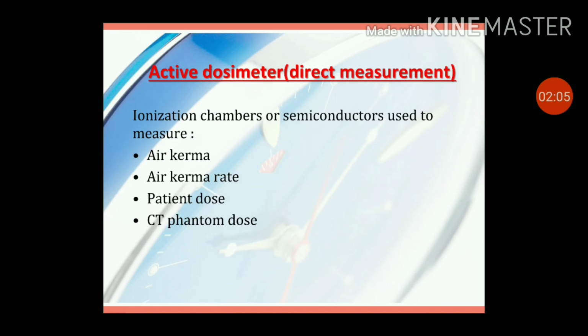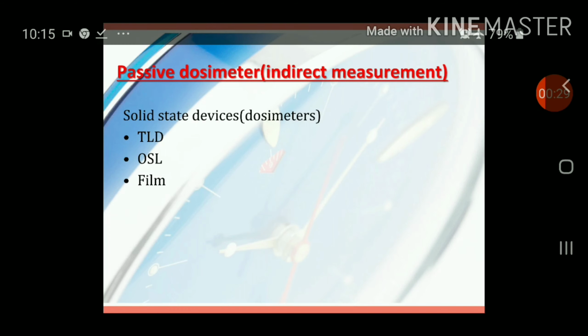So for example, active dosimeters are direct measurements, so directly we can measure the ionizing radiation. The instruments are the ionization chamber or semiconductors, which are used to measure air kerma rate, patient dose and CT phantom dose.